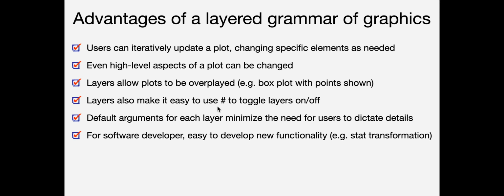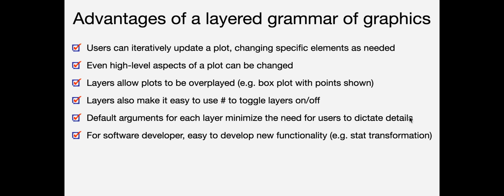Layers also make it easy for you to use the pound sign as a comment hashtag to toggle different layers on and off, right? It's very easy to go into that code and turn off 2 of the 3 theme layers that I used. Default arguments for each layer really minimize the need for you to dictate specific arguments or details.